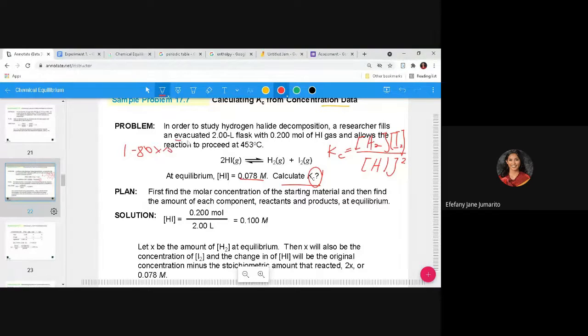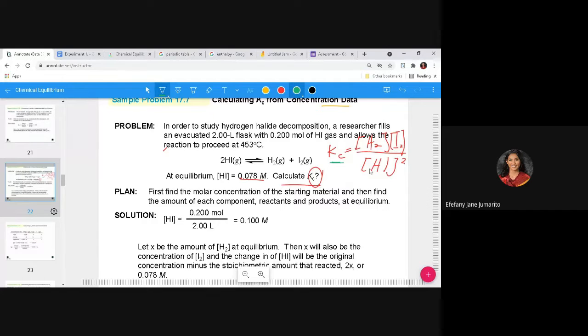So we are going to calculate the value of Kc, given that each concentration must have a value: the value of H2, the value of I2, the value of HI. Because Kc is a number.